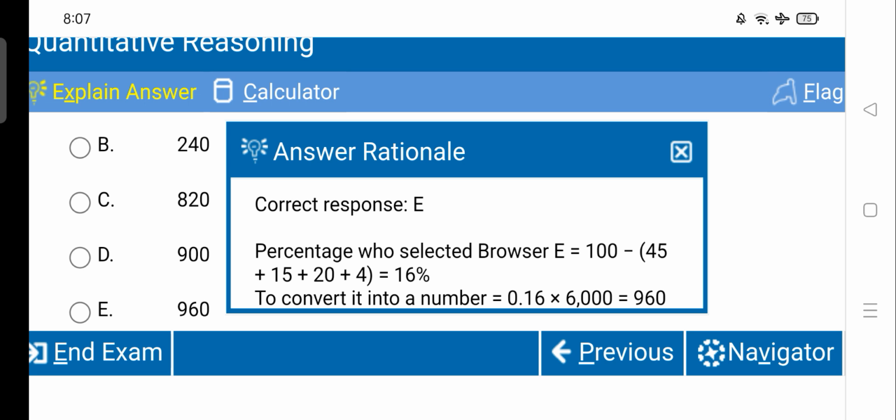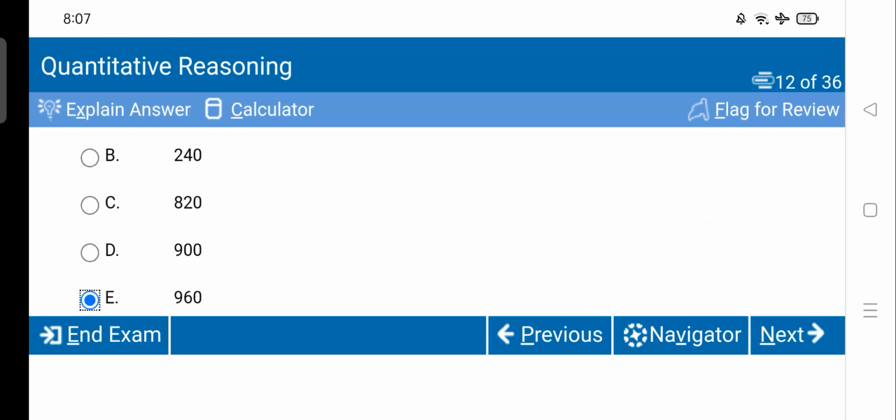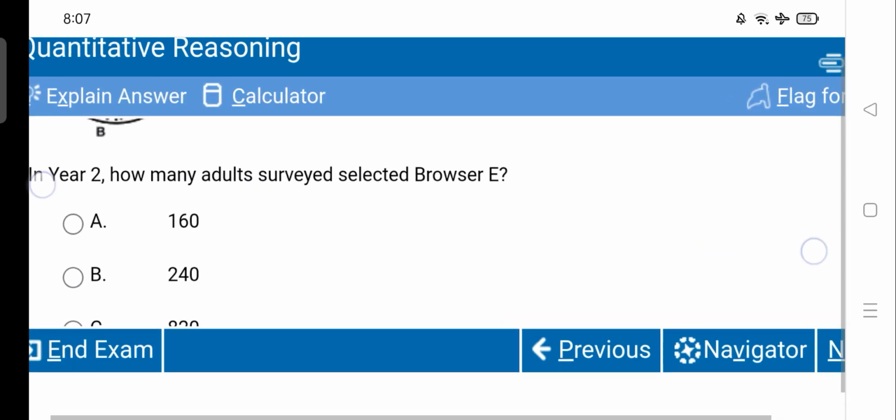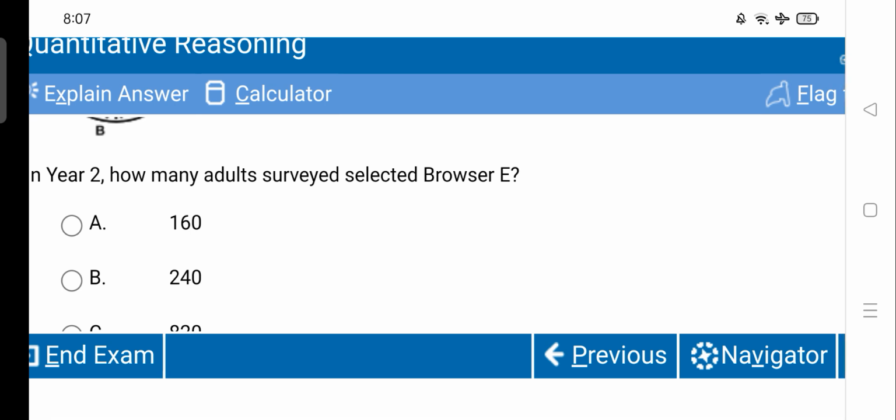So to convert it into a number, 0.16 multiplied by 6000 equals 960. So here we have the correct response, option E, 960 adults surveyed selected browser E.